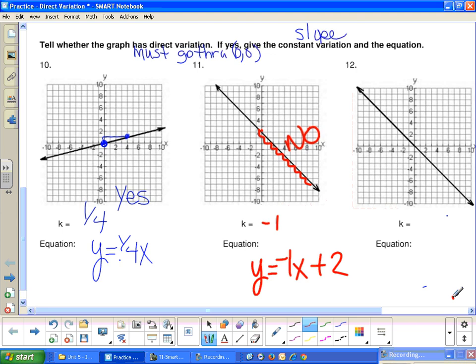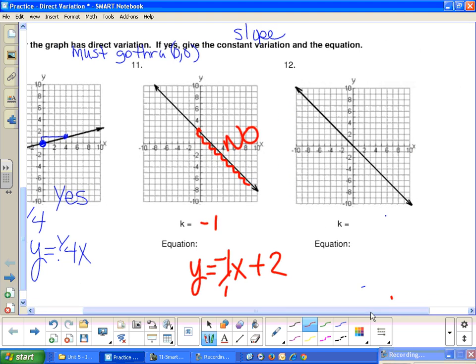Where does this cross the y-axis? What do you mean? Where does the line cross the y-axis? 2. And I count slope, down 1 over 1, down 1 over 1. What's your slope? y equals mx plus b is every equation in one.